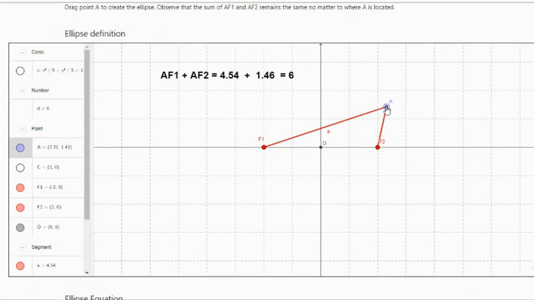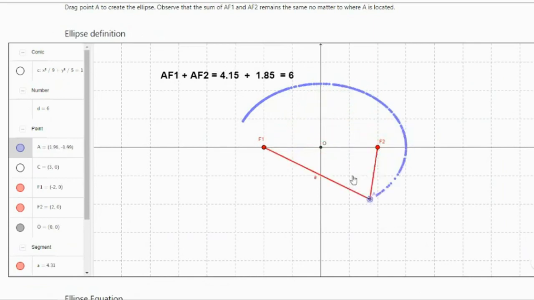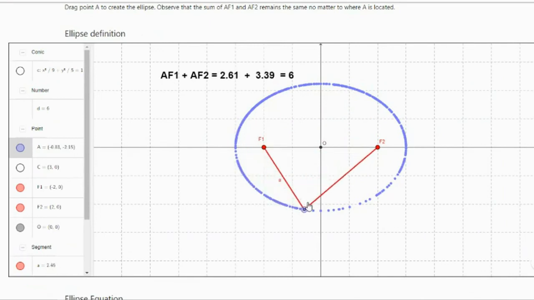Now, if I move A over here, F1 is only 1.17 distance from A, and F2 is now 4.38, but they still equal 6. Doesn't matter where I move this point, it always equals 6 when you add those two distances together. And if we take it all the way around, we see it makes an ellipse. It's always a total of 6 when you add those two distances together.